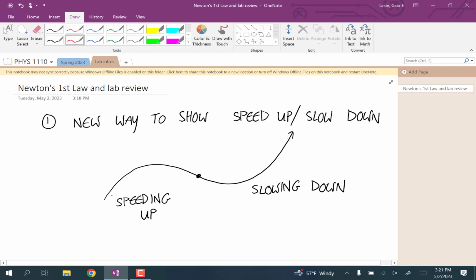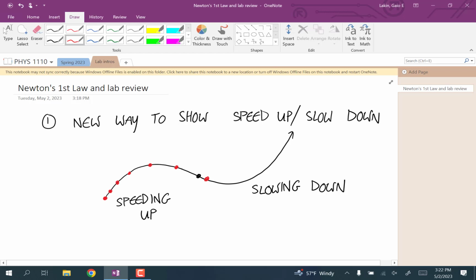So for example, you take a first picture here, a 10th of a second later you take a picture, and the object is here, and then here, and then here, here, here, here. Well, what you see in these pictures is that the distance between every pair of positions is getting bigger.